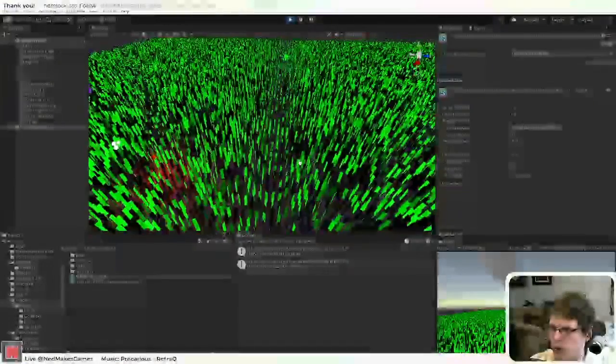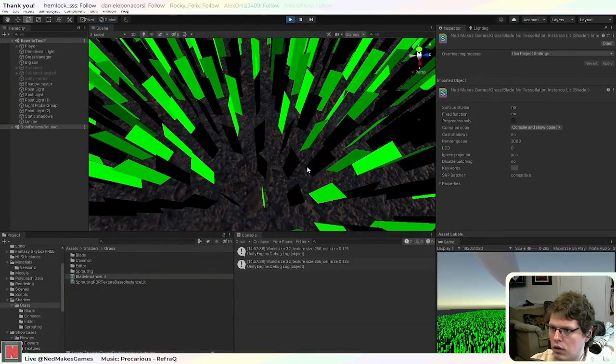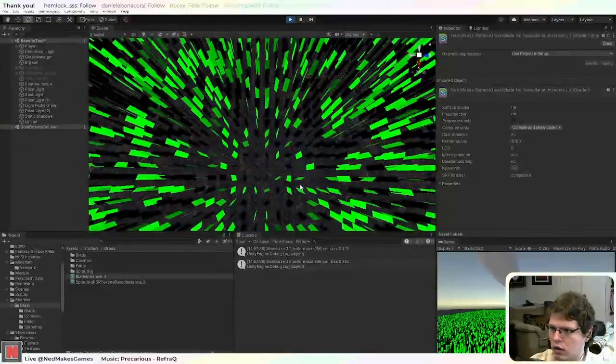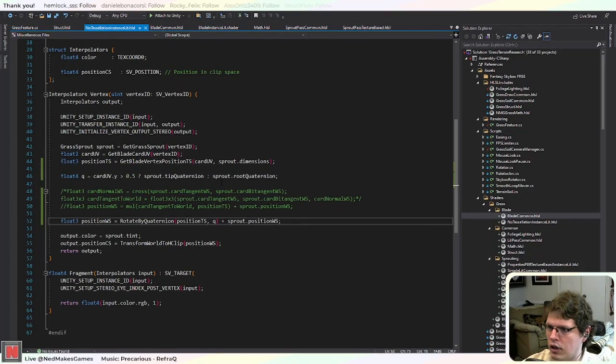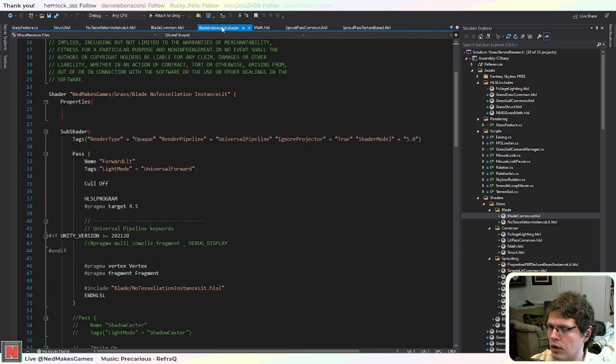Okay, so it seems to work. Okay, so now if we vary the point or the quaternions, we should get some kind of rotation.